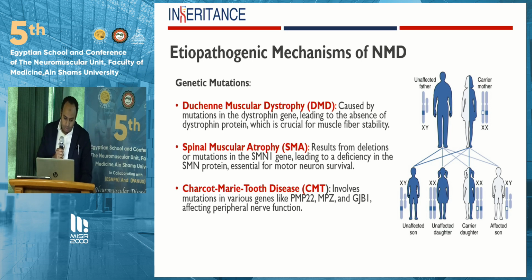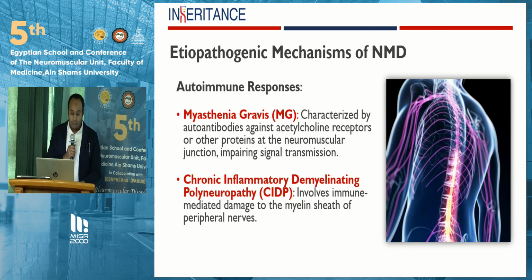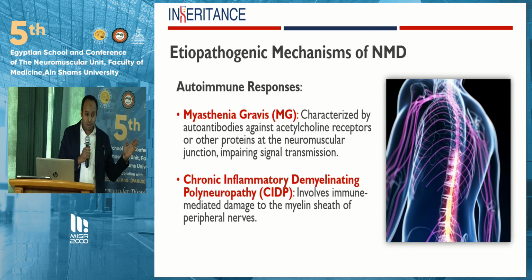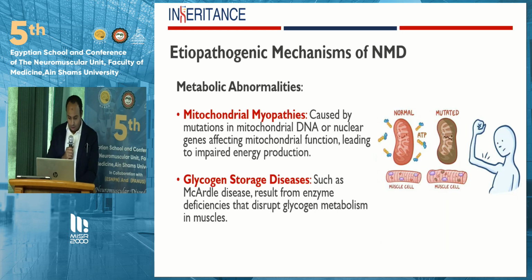Some of these inherited conditions come with a certain mutation, and some come with an immune response defect, and some also come due to some abnormalities in the metabolism itself.